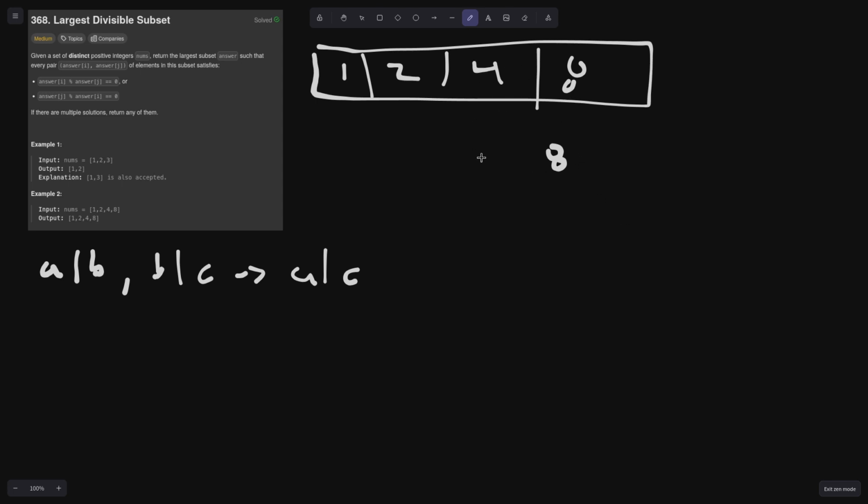So let's do 4, because 4 divides 8. All right, that's cool. And then if we want to continue this, 4 divides 8, that satisfies one condition. Let's continue. Does 2 divide 4 and 8? We could check both these conditions, where 2 divides 4 and 2 divides 8, or we can use this. We know that 2 divides 4 and 4 divides 8, so we can say that 2 divides 8 automatically.